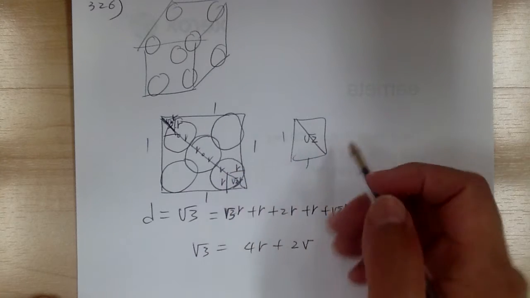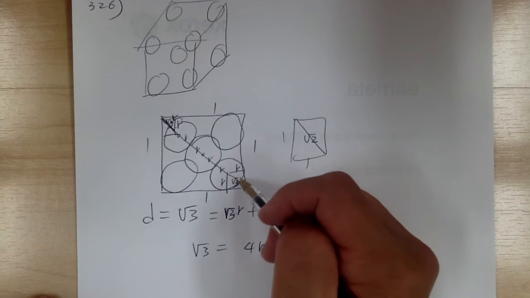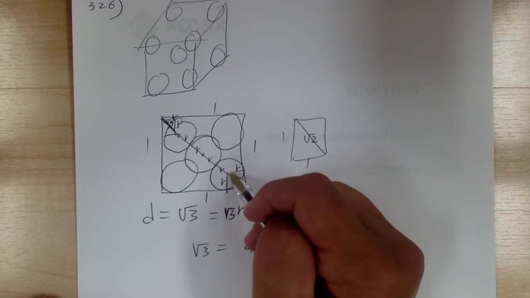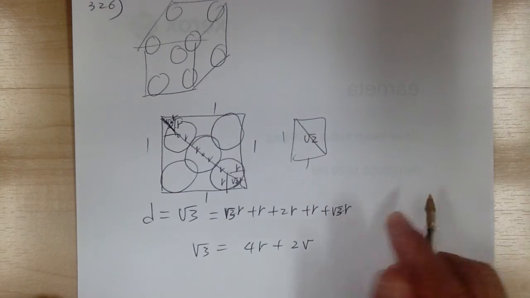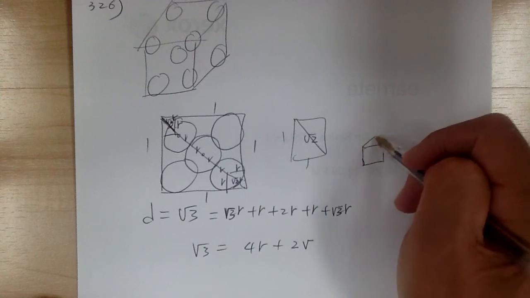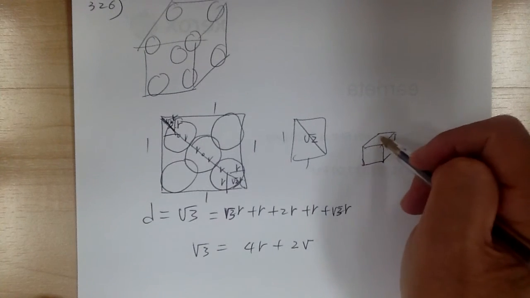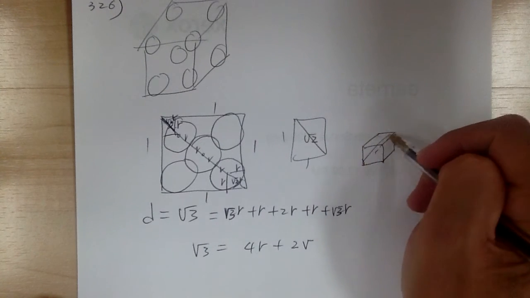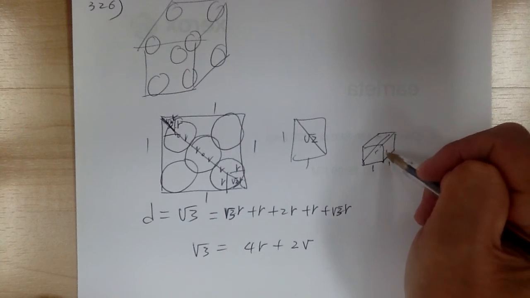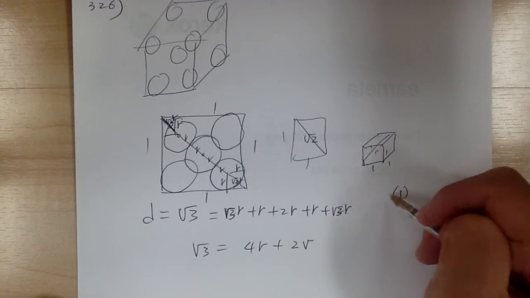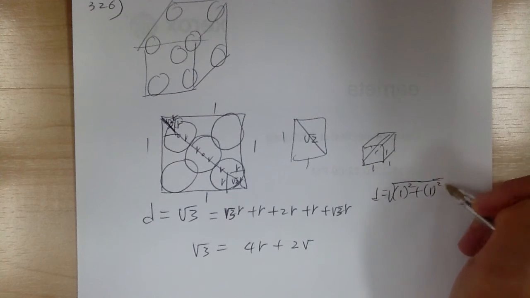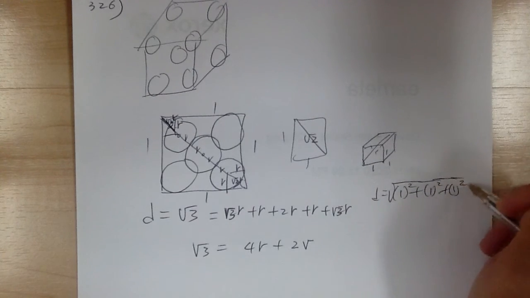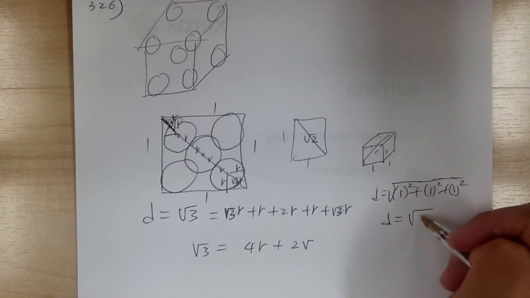This corner over here would be the length squared plus width squared plus height squared. So the diagonal equal to square root of 1 square plus 1 square plus 1 square. So that's why you go to square root of 3.